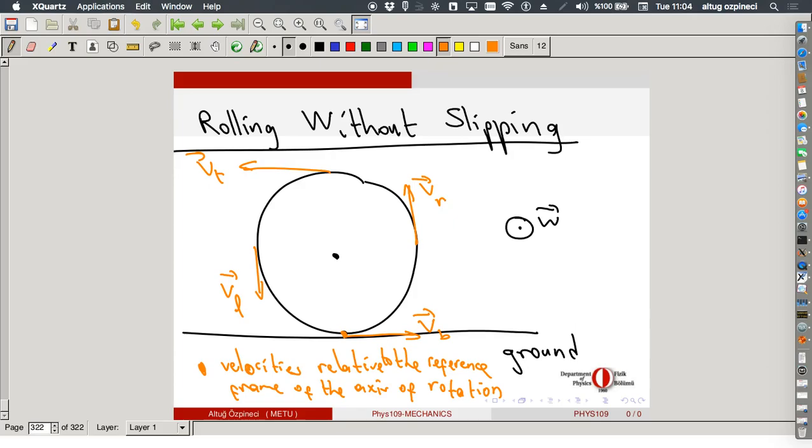This is relative to the reference frame which is at rest. Now, what can you say about their magnitudes? Remember, it's a wheel, so all these points are at the same distance. So VL, the magnitude, is equal to VR, the magnitude, V top, V bottom. And they are all equal to, in terms of angular velocity and the radius, omega times r.